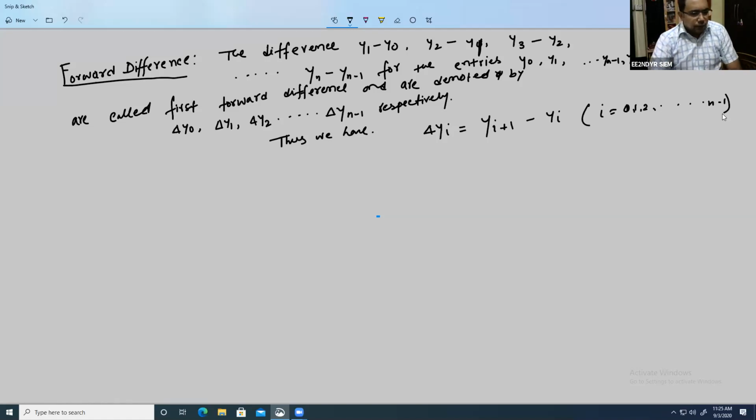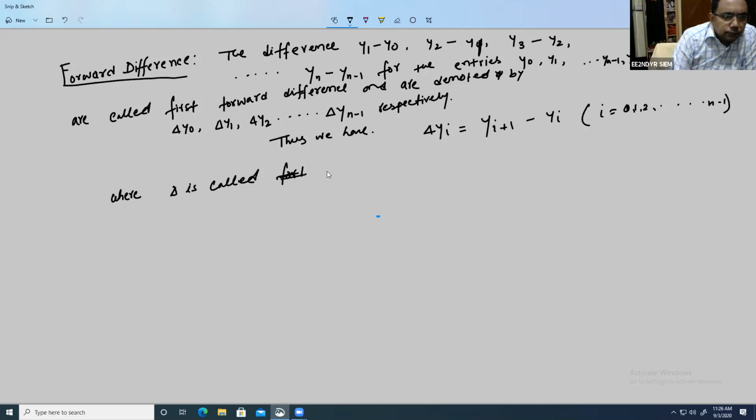Where del is called the forward difference operator.